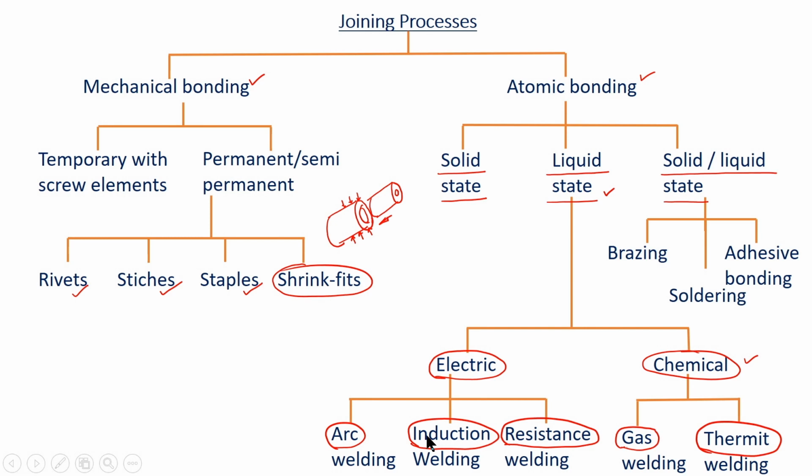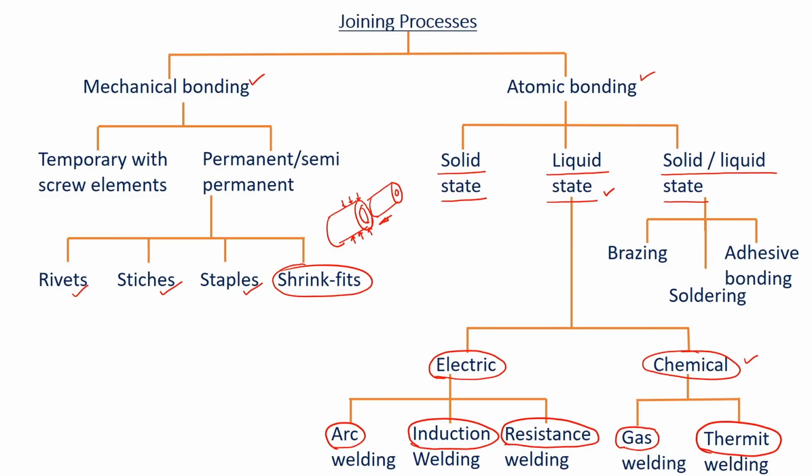The solid liquid state welding group can further have variants such as brazing operation, soldering operation, or the adhesive bonding operation. In adhesive bonding operation, we are bonding the parts together by use of an element that we call the glue or adhesive. By applying the pressure and temperature, we can have bonding of two thin sheets.